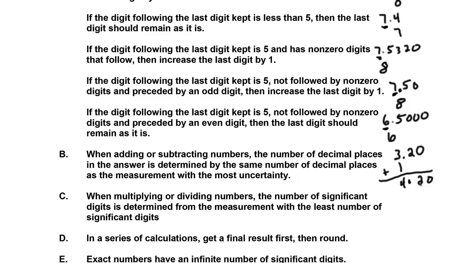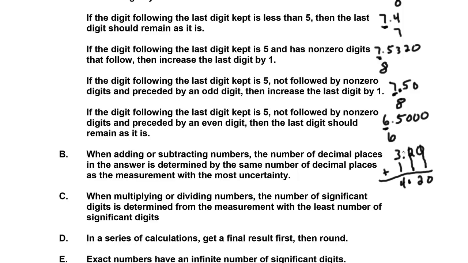So 4.20. Now, notice that only the first number goes to the hundredths place, or the tenths place, but they both go to the ones place. So we can't report these significant digits until they both have a position, and we have to follow that decimal point to that position.